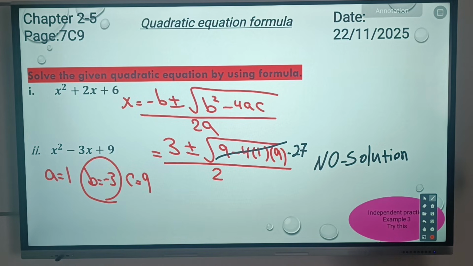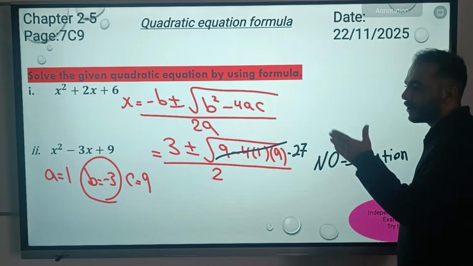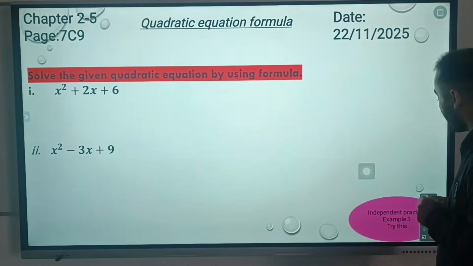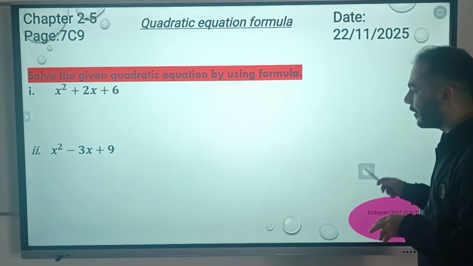There is no solution since delta, or it's easier to say, since inside the square root is negative. And I want you to go for the first one because you are going to deal with the same story. Perfect.